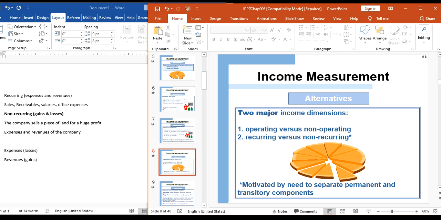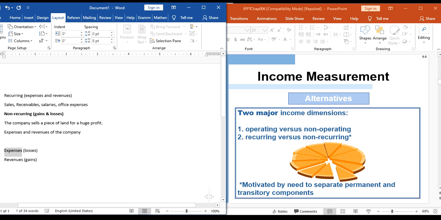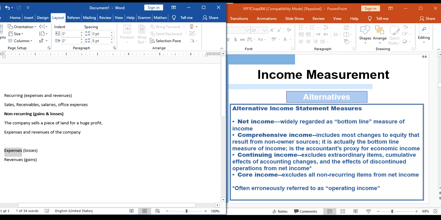So when we understand the difference between expenses and losses, revenues and gains, we know which one is from the operating activities and which one is from the non-operating activities. Okay, so here are some alternative income measurements.